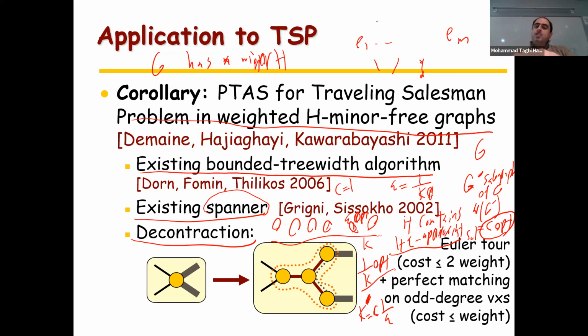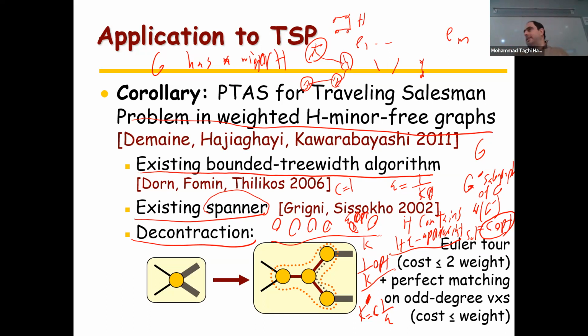It means that for each of these vertices of H, you can find a set of vertices which are connected in G. So if this is H, for example, then you can find for each of these 4 vertices a subset of vertices here, such that each of them is connected. And between any two vertices of H that have an edge, there should be at least one edge between the corresponding two sets.